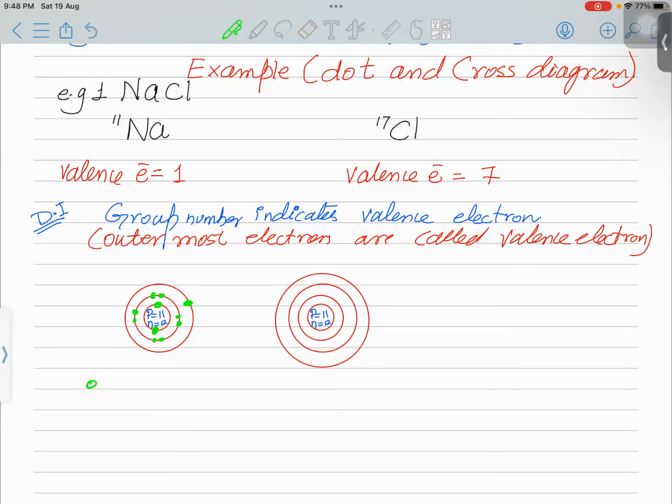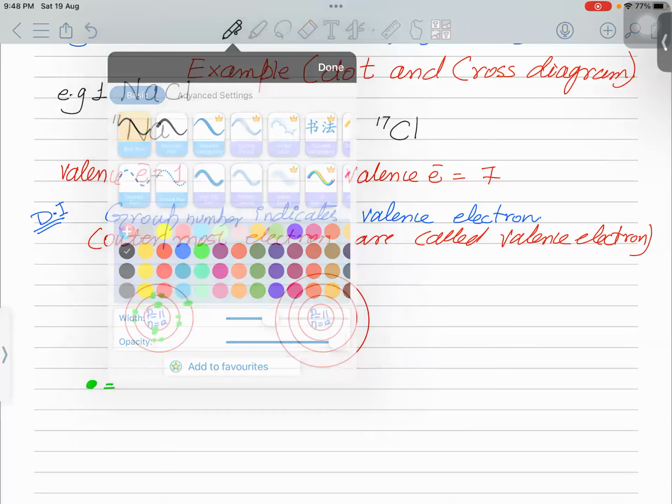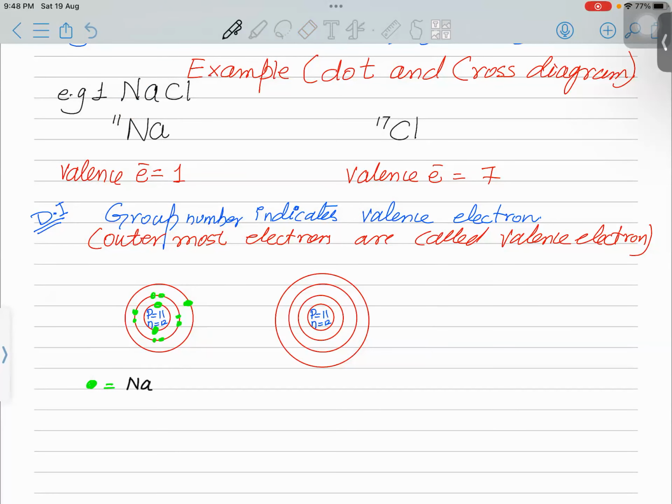So this means sodium electron. Sodium electron.